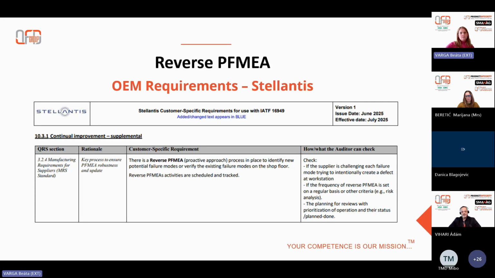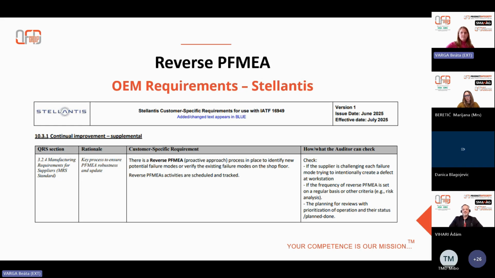And from an audit perspective, Stellantis is very concrete about what they expect. Auditors will check if the supplier is really challenging the process by intentionally trying to create defects at the workstation. They will also check if the frequency of these sessions is defined, whether on a regular basis or based on a risk analysis.